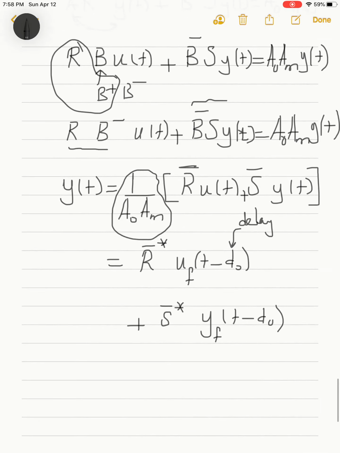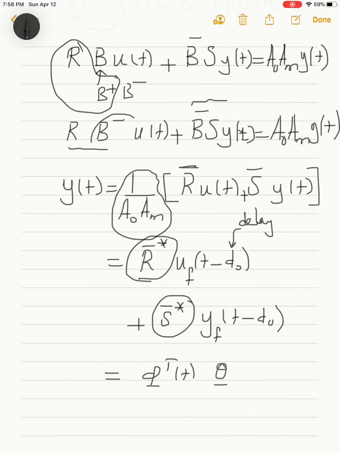Now this is a form that can be written as a regressor times the unknown parameters. Now the unknown parameters will be the parameters of R bar star and S bar star, so I will get the parameters here. However, we notice here that the uncancelled zeros B minus will appear as common factor in R and S. So when we do the recursive least square algorithm, we have to look for the common factors between the resulting R and S polynomials, and then cancel that out before we implement the controller.